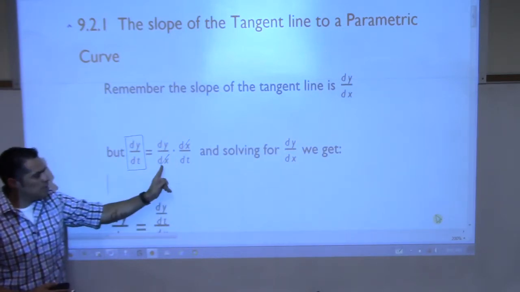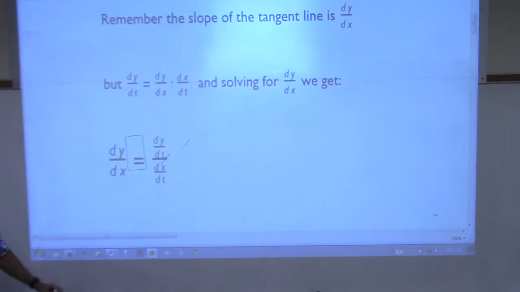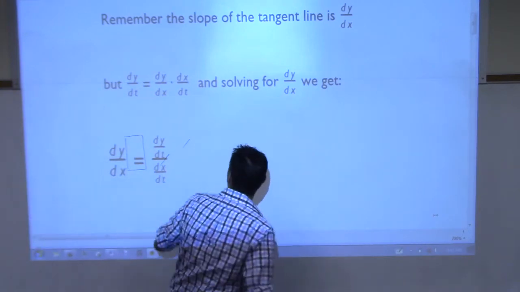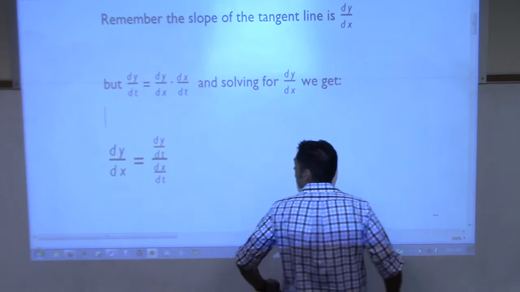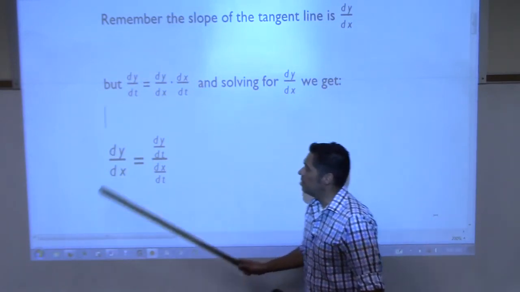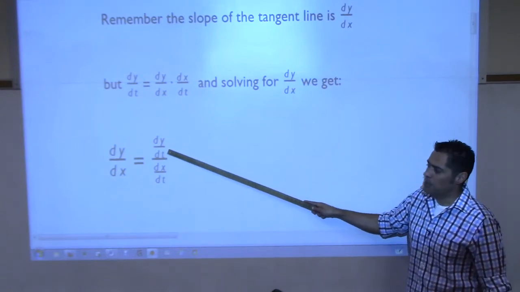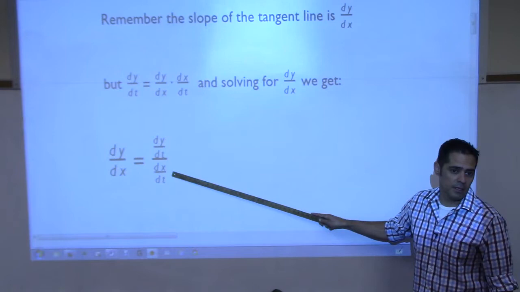Then solve for dy/dx. Just divide this out on this side, and what you get is this formula right here. So the slope of the tangent line should be the derivative of y with respect to t divided by the derivative of x with respect to t.